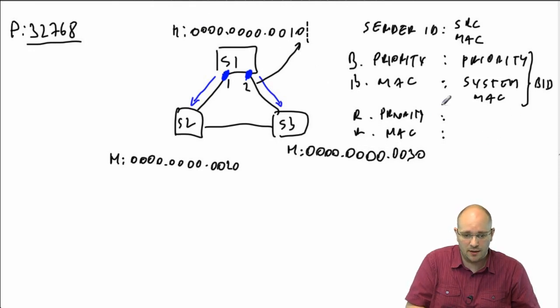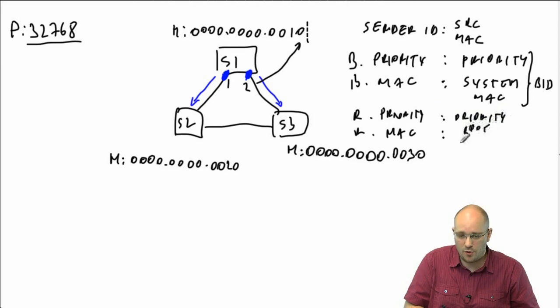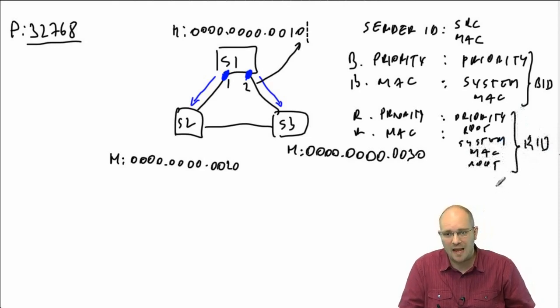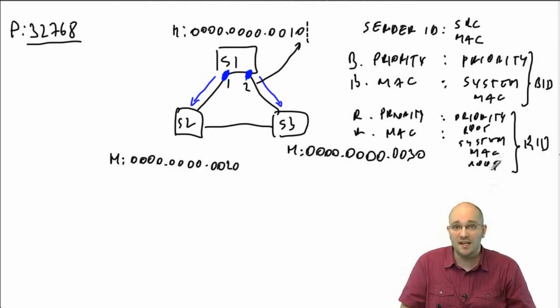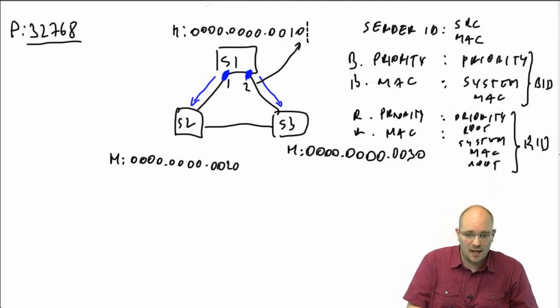So I just wrongly wrote that down. So we are going to have the priority of the root, and we are going to have the system MAC of the root here as the value, and these two values here are forming something that we call the root identifier.